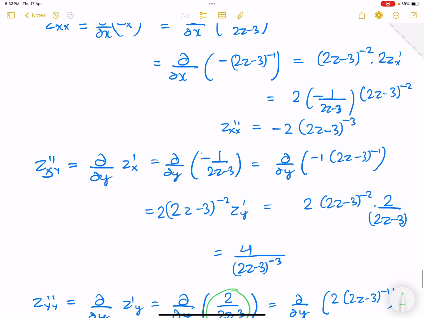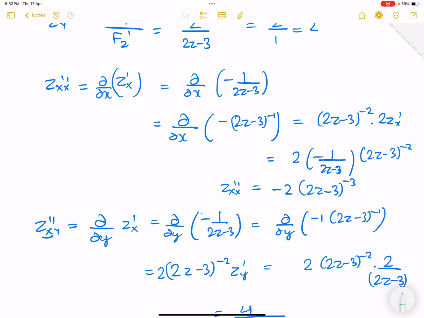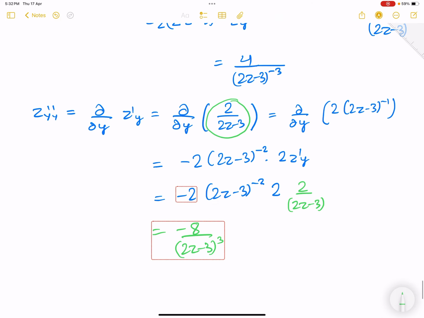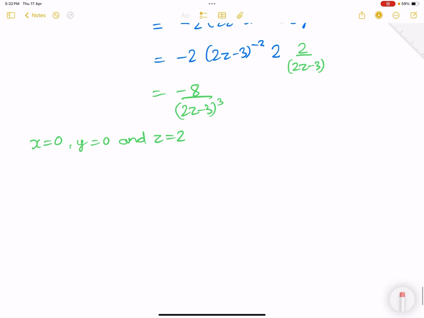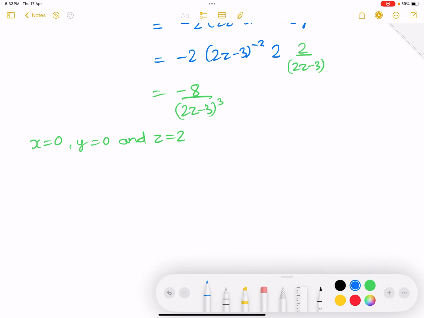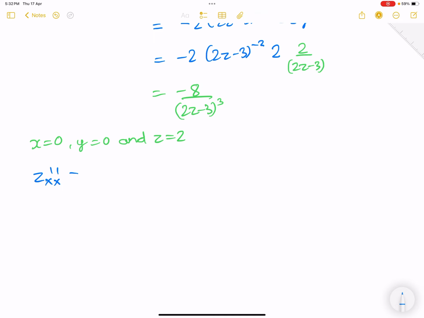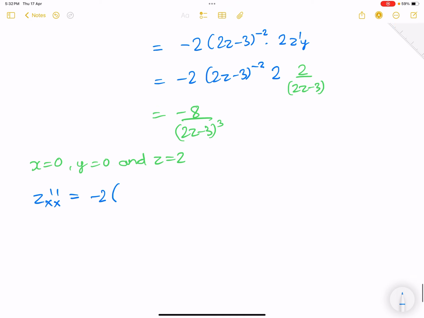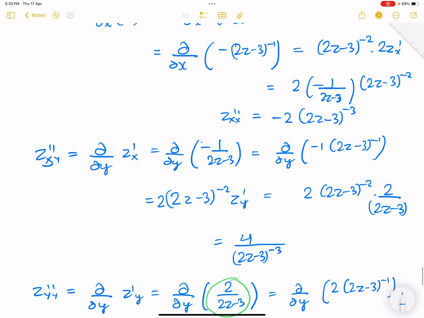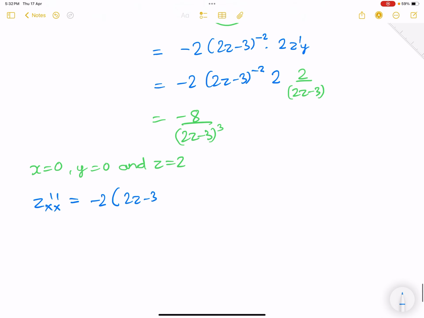Okay, at 0 0 2, because z is 2, so at x equals to 0, y equals to 0 and z equals to 2. z x x double dash, this is equal to minus 2 times 2z minus 3 to the power minus 3.